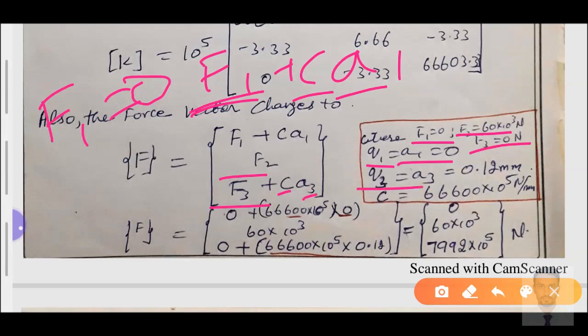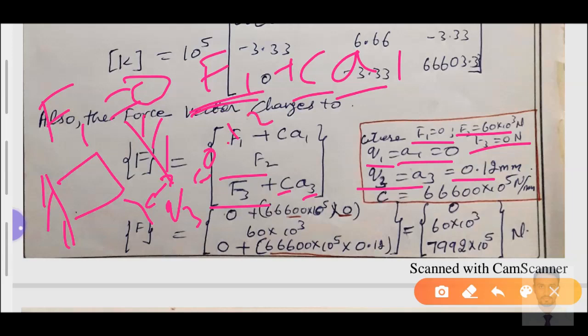A3 means Q3, the restricted value given in the problem. For the bar element, the restricted value from this point to this is Q3, 0.12, which is given. So we need to multiply the Q3 value with C, plus 0.